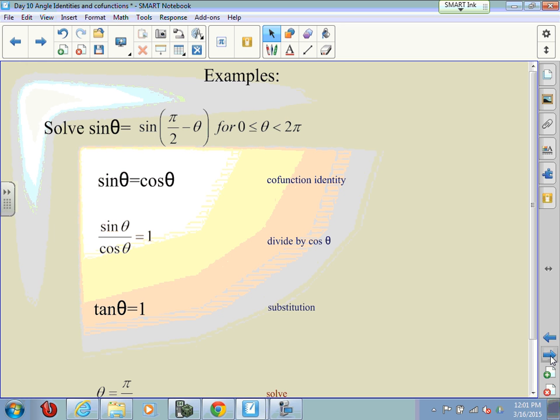All right, so here's something that's very interesting. Why don't you write this down, and I'll walk you through it step by step. I want you to solve sine theta equals sine of pi over 2 minus theta. Notice, it's not 90 minus theta, it's pi over 2 minus theta. I want to walk you through this because this is a little funky. I can see this as a 2 or 4 point question.